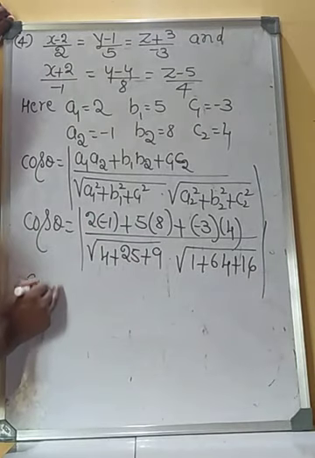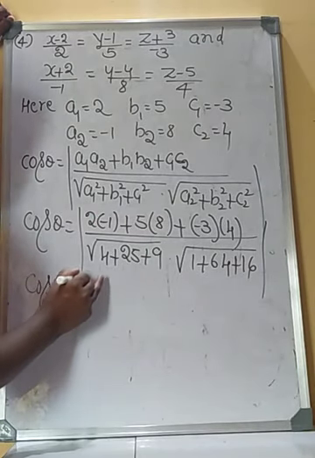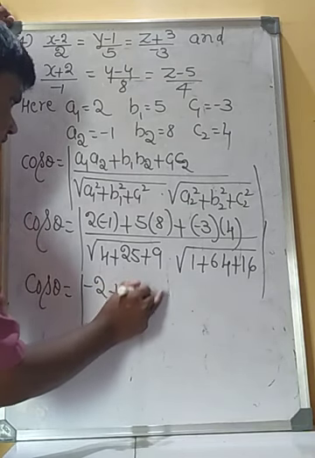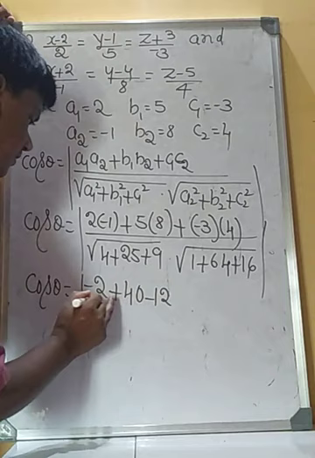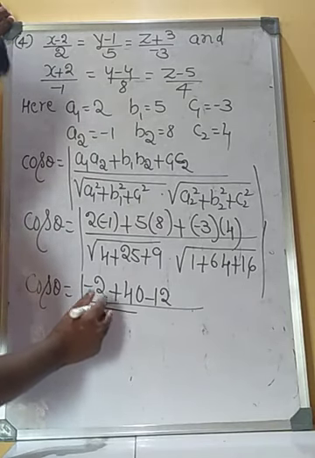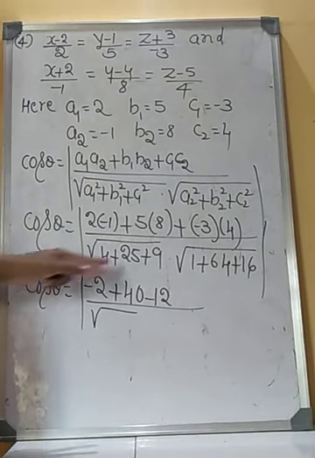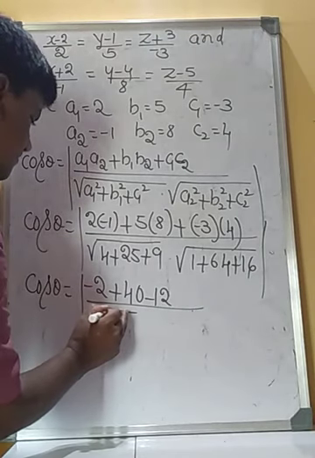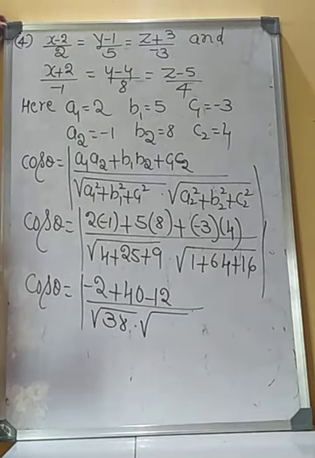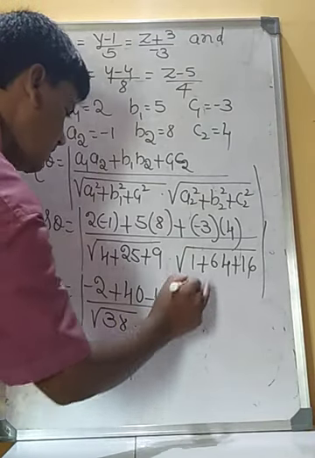So therefore cos theta is equal to minus 2 plus 40 minus 12 divided by square root of 38 into root of 81.